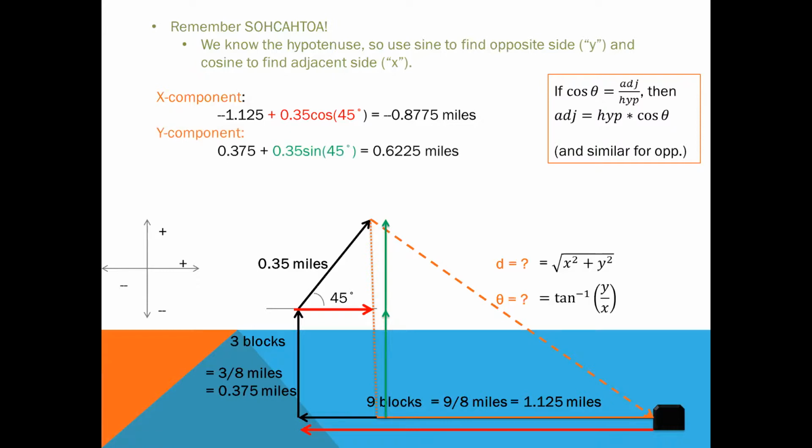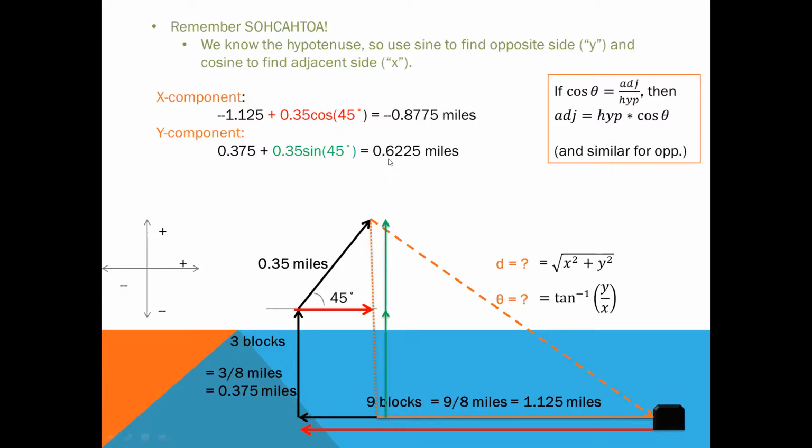A similar process for our y component, right? Initially, he's walking 0.375 miles north, so that's a positive direction. And then he's continuing to walk north. The length of this part of the vector, this y component of the vector, is 0.35, the hypotenuse, times the sine of our angle.